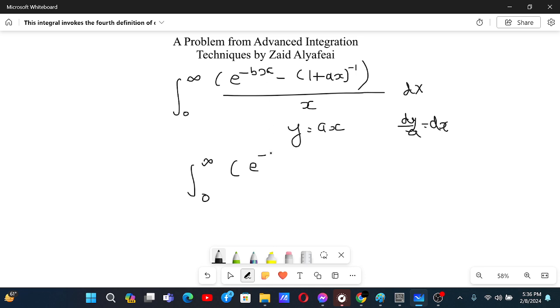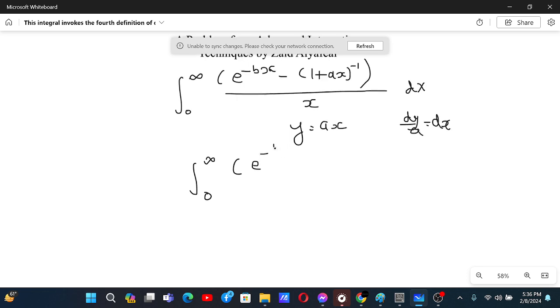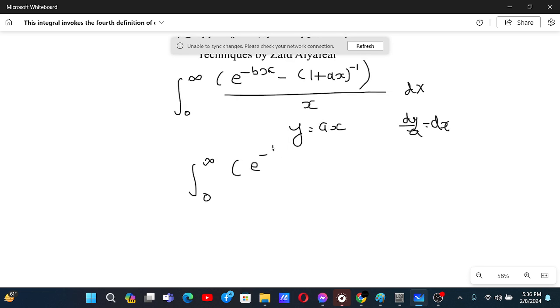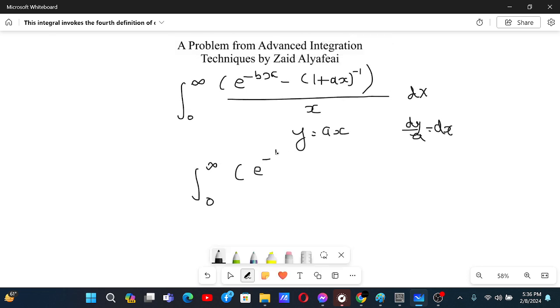So we have e to the power minus b by a y minus 1 plus y to the power minus 1 by x is y by a, and dx is dy by a, so the a cancels out.